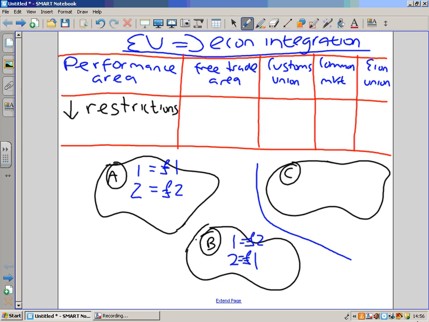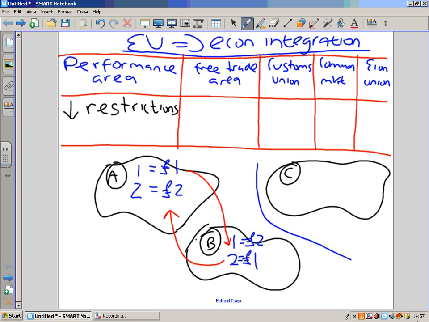What this should mean is that product 1 will be made in country A and exported to country B. Product 2 made in country B, exported to country A. So if you want to buy these 2 products now, it will only cost you £2.